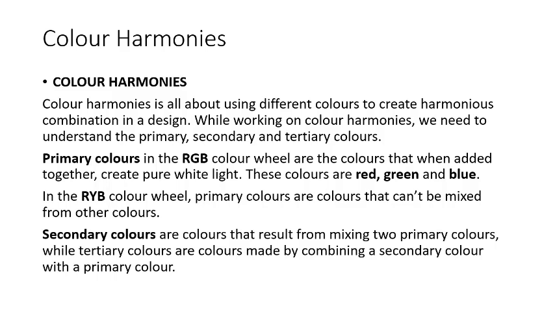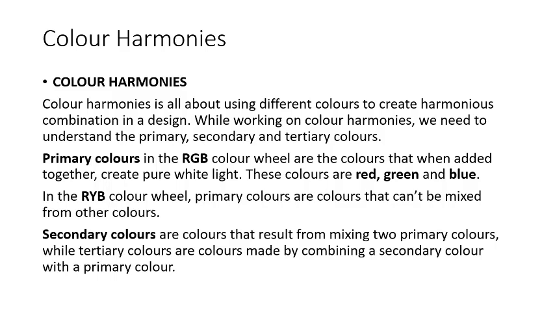While working on color harmonies, we need to understand the primary, secondary, and tertiary colors. Primary colors in the RGB color wheel are the colors that, when added together, create pure white light. We are still going to dig deep into RGB, but for now, we're going to move on. These colors are red, green, and blue.